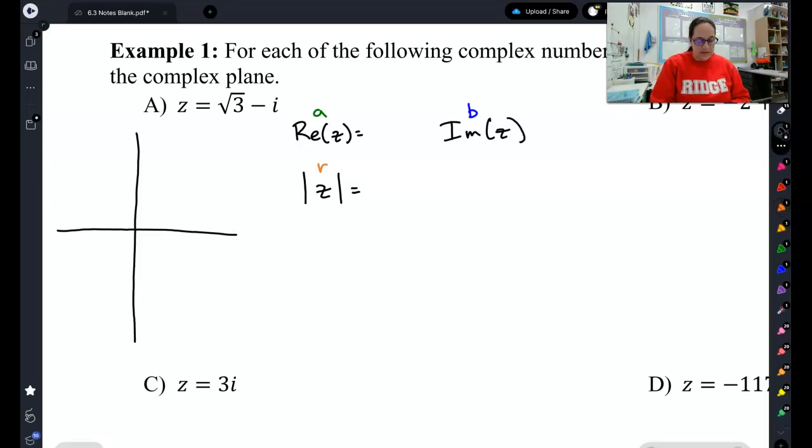And we want to list the argument, which is the theta, and the principal argument, which is the theta that is between negative pi and pi. Yes, those should be brackets.